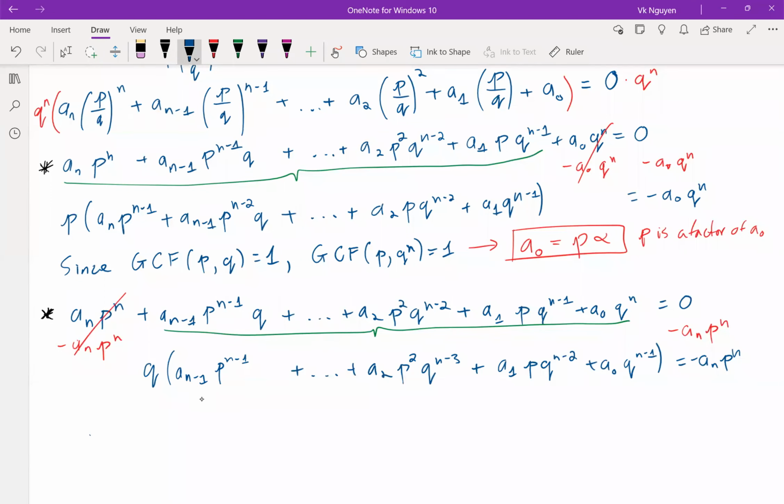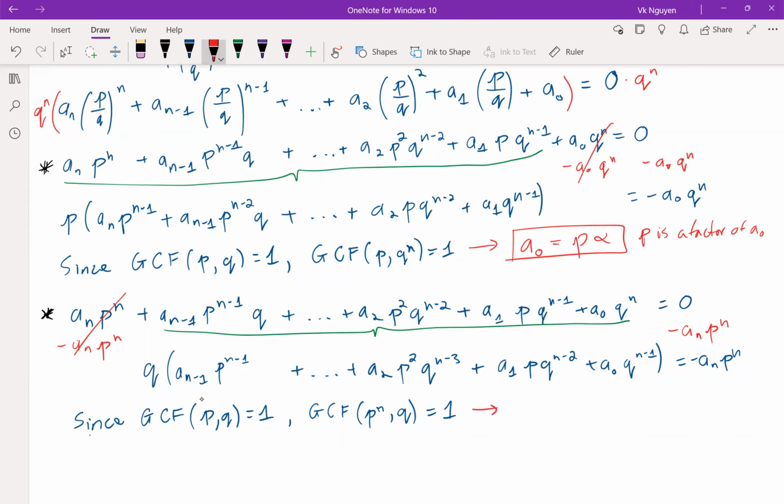Using a similar argument, since the GCF of p and q equals 1, the GCF of p to the n and q is also 1.